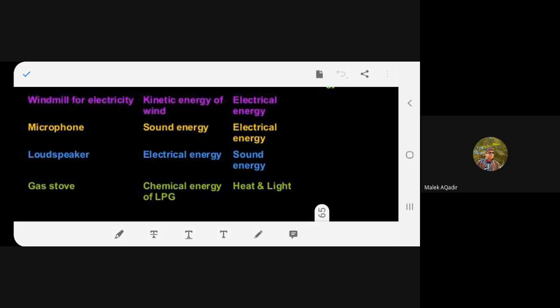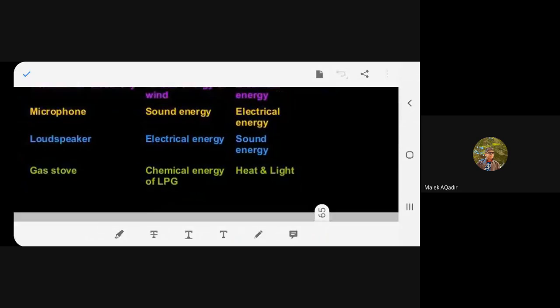So what is the windmill using? It is using the wind to move. So, when it starts moving, which energy is developed? Kinetic energy. And this kinetic energy is converted into electrical energy.